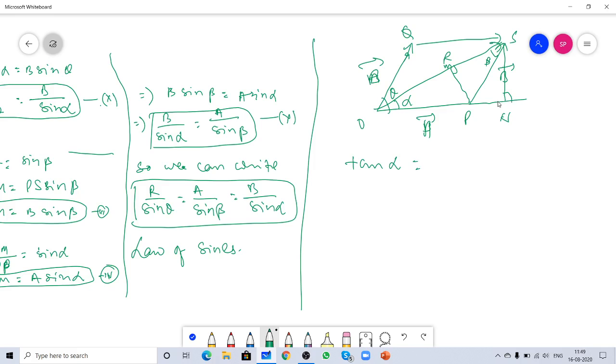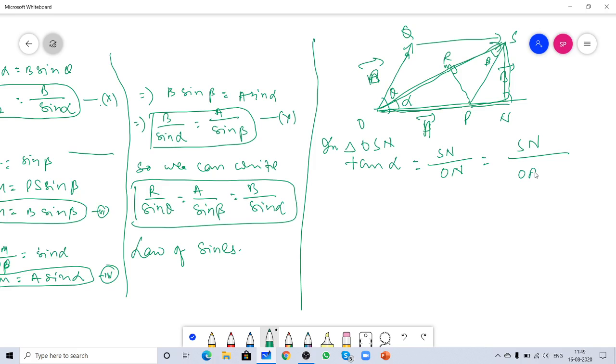Sometimes the question asks what is the angle between the resultant and vector A. So it will be P by B. You know, tan theta is P by B. In triangle OSN, tan alpha is P by B. So P is here Sn, B is here On. On is OP plus Pn, right?